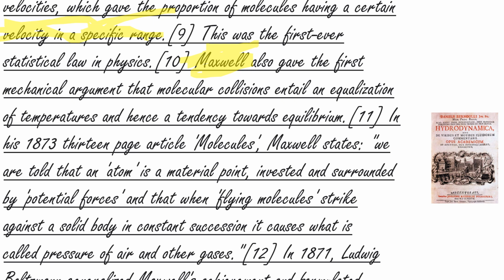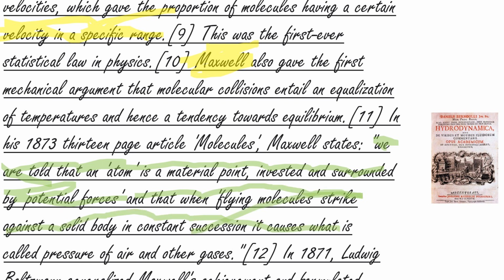In 1873, in the 13-page article Molecules, Maxwell states, and this part is a bit important, that we are told that an atom is a material point invested and surrounded by potential forces, and that when flying molecules strike against a body in constant succession, it causes what is called the pressure of air and other gases. Here he gives us a theory that when particles collide with each other, they produce pressure, which is still part of the kinetic molecular theory.